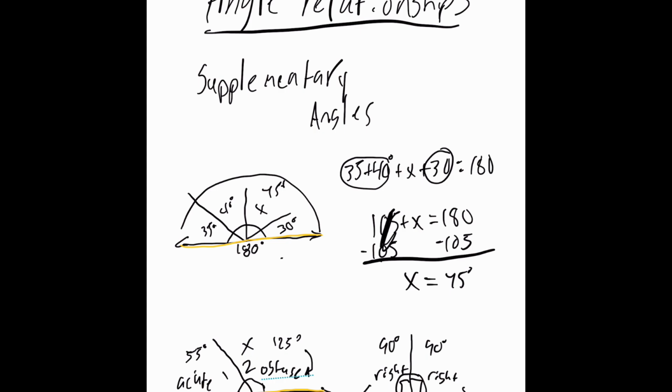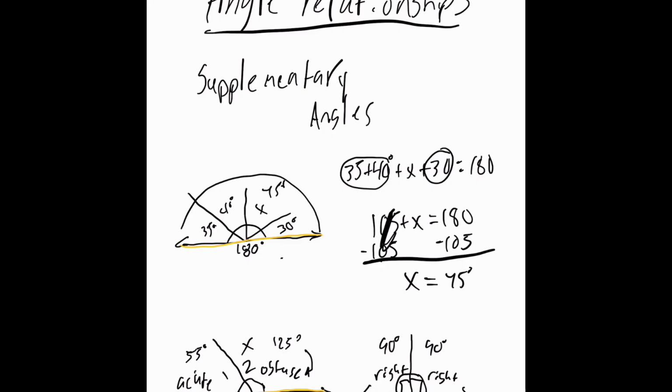We have vertical angle relationship, which is angles that are opposite of each other across an intersection should be the exact same angle, meaning that they should measure the same. We talked about a complementary angle relationship, where if you have a right angle, you know you have a right angle because you see the box in the corner. If it's split into multiple angles, those angles should add up to equal 90.